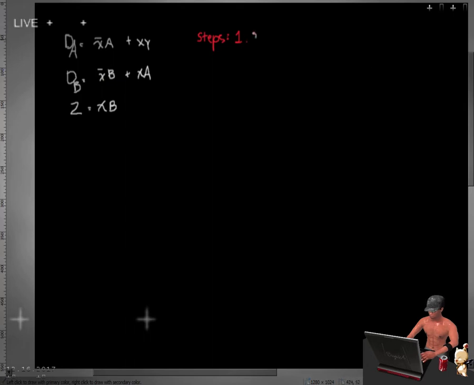That's your state table. Step 2, we're going to be dealing with the state diagram. So just remember that, state diagram.